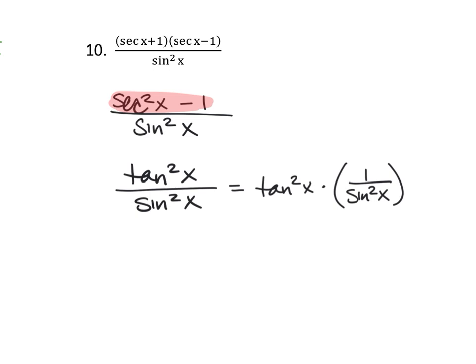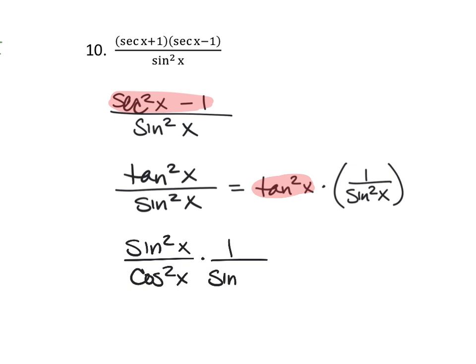An identity. The quotient identity. What is the quotient identity for tangent? Sine over cosine. So we would have sine squared of x over cosine squared of x multiplied by 1 over sine squared of x, because all I did was change tangent by its quotient identity. I didn't touch the 1 over sine squared of x. It doesn't matter if it has a square or not; it can still be that identity. That goes into exponent rules, which we won't describe, but yes, you can do that.